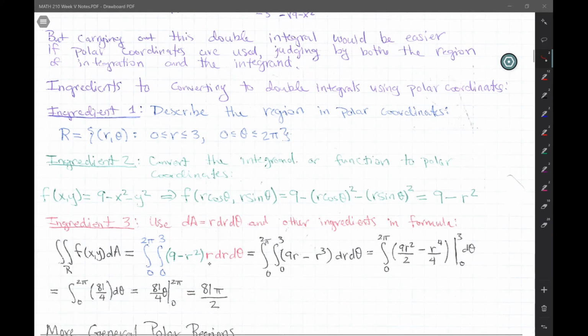I want to emphasize here that although this r came from the area element, we distribute it through the expression 9 minus r squared just like any other r. So there's no need to discriminate between the r in the area element and the r that you would get from converting the function.